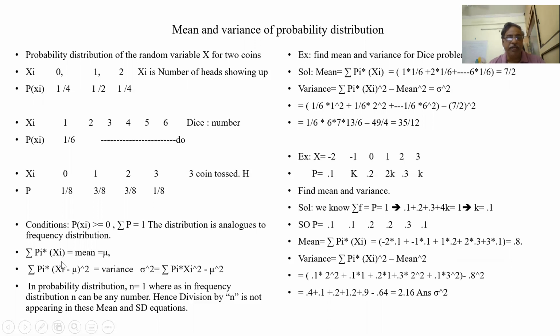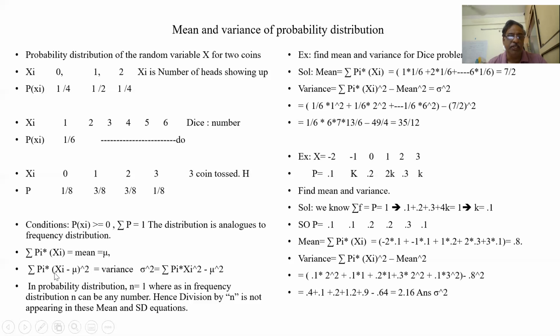Again, what is the variance? Sigma pi, xi minus mu, where mu is the mean. So I want this difference, x minus x bar. It can come plus, it can come minus. To avoid plus and minus cutting out, I am using the square here. If it is minus, minus square; plus, plus square.